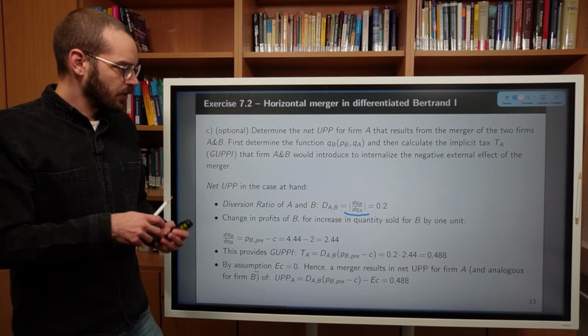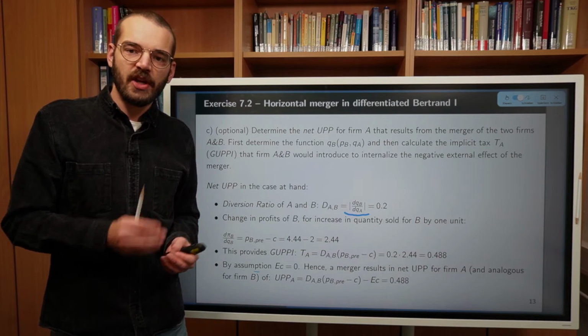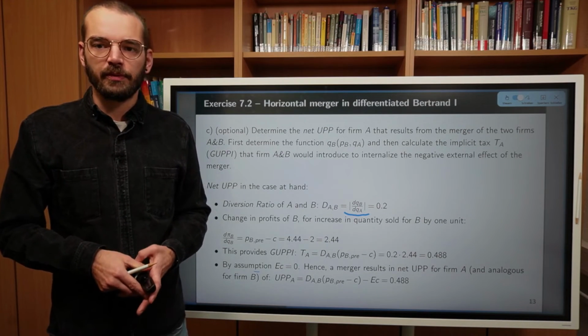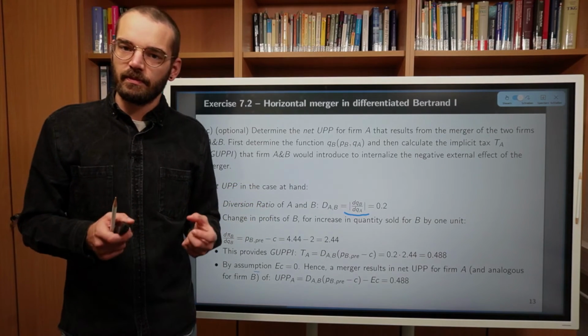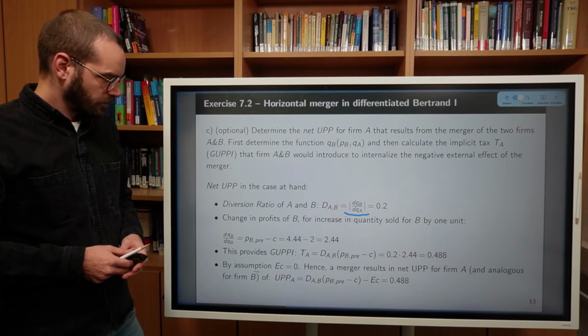So what we then know is the change in profits of good B for an increase in the quantity sold of good B by one unit, by the logic of this derivative.